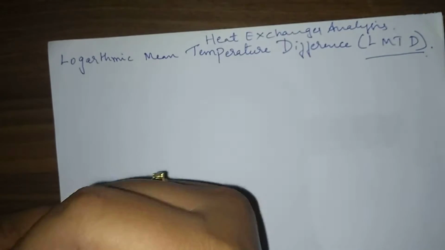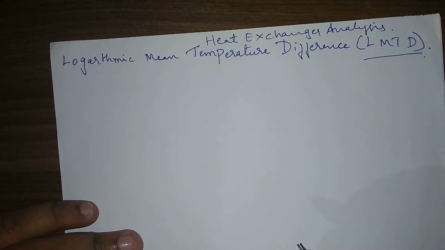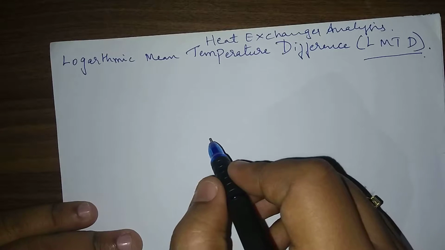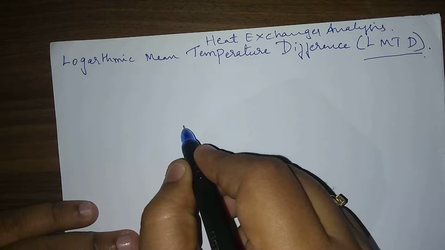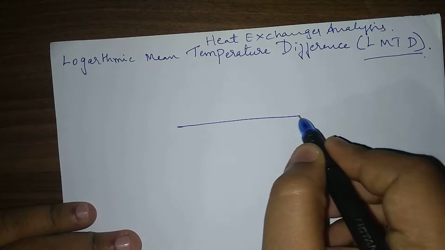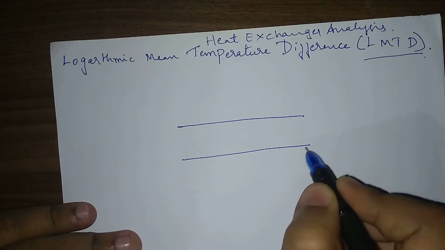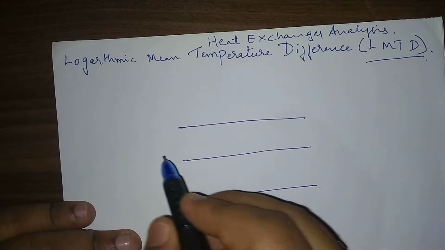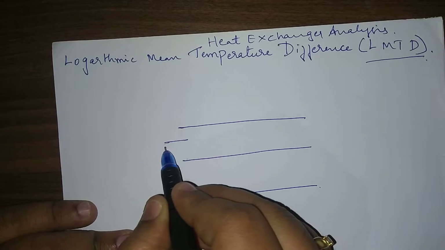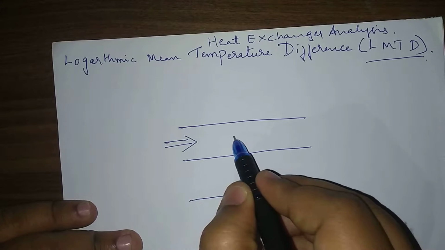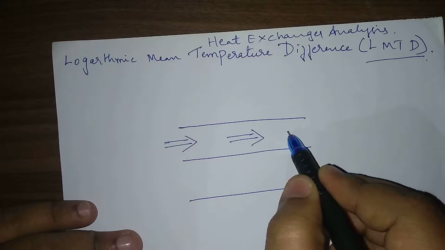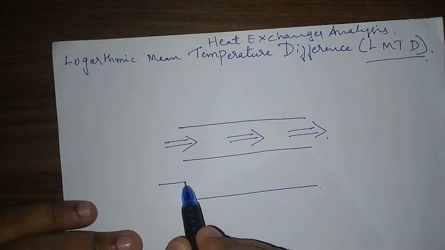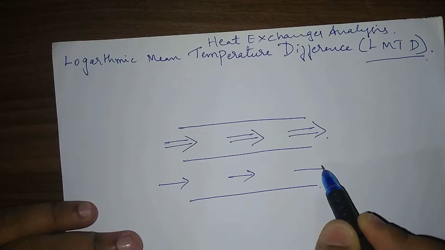Now basically, as we saw in the introduction about heat exchanger in the last video, you have a heat exchanger where there is a hot fluid which will be moving, and also there will be a cold fluid which will be moving.